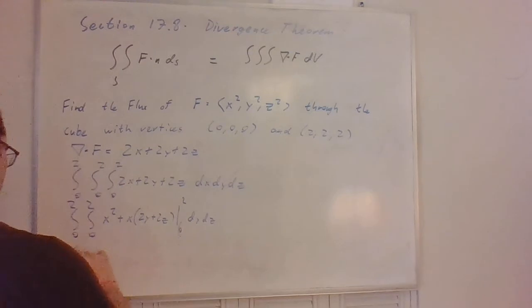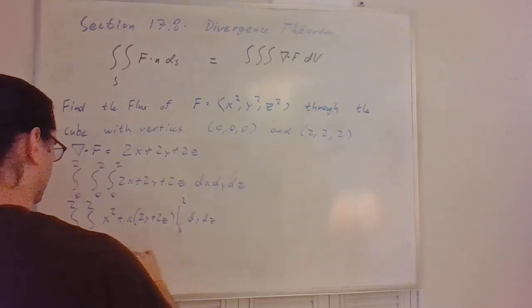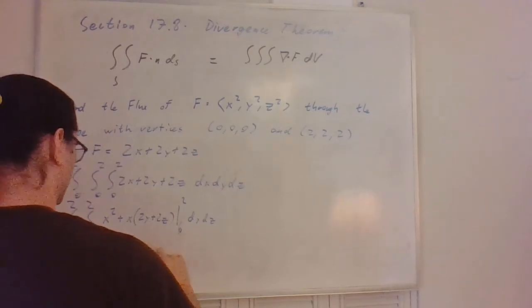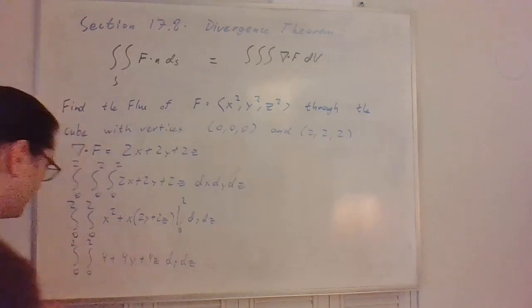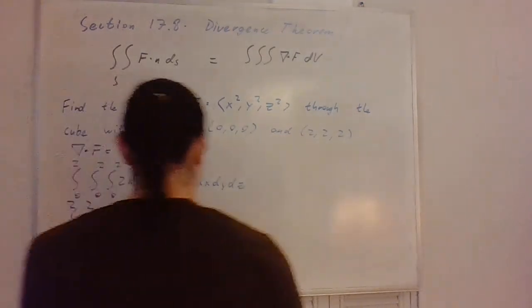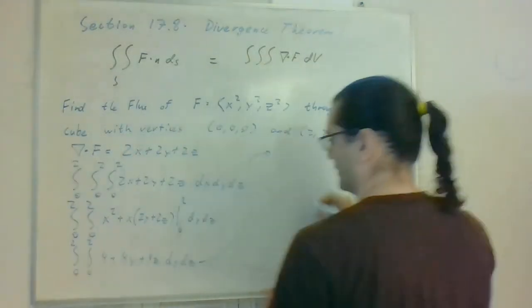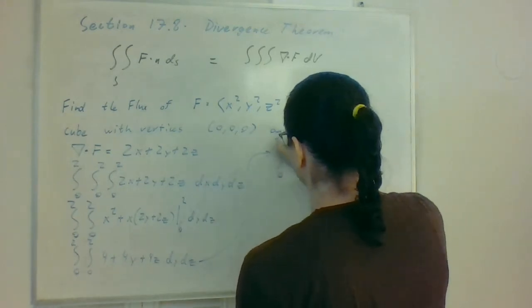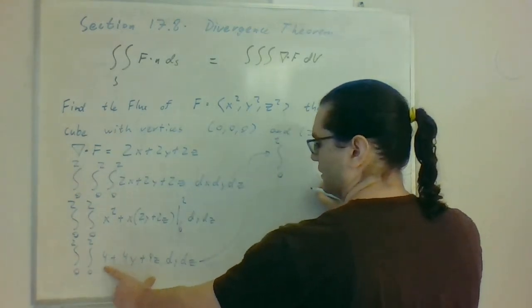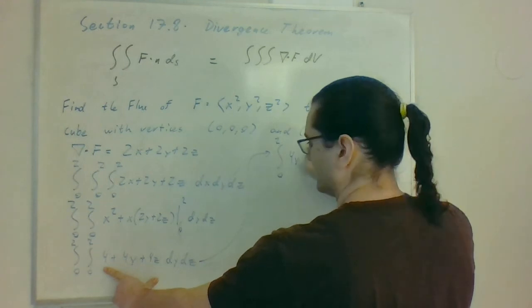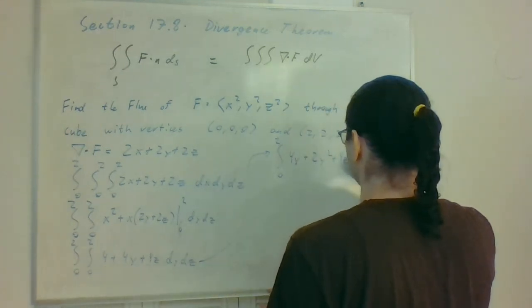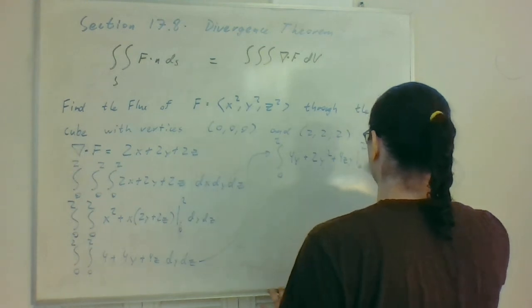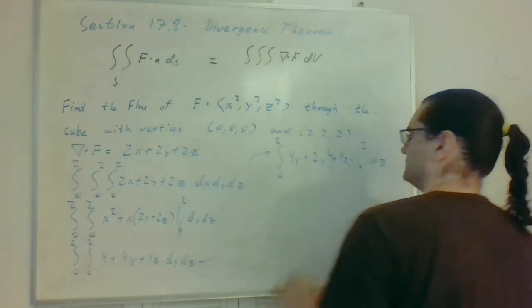Okay. 0 to 2, 0 to 2, 4 plus 4y plus 4z, dy, dz. Let's integrate with respect to y. That'll give us the integral from 0 to 2 of 4y plus 2y squared plus 4zy, from 0 to 2, dz.